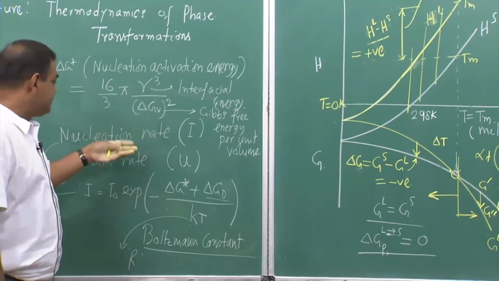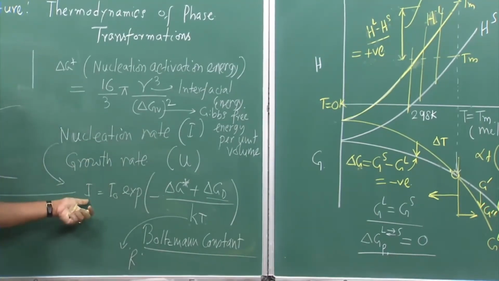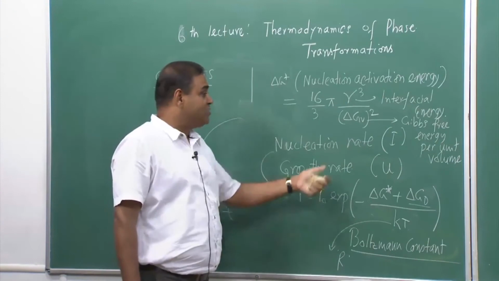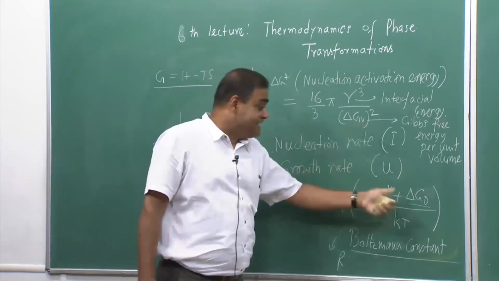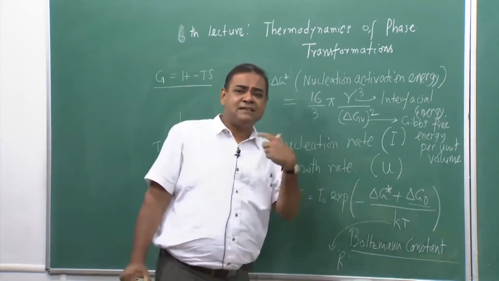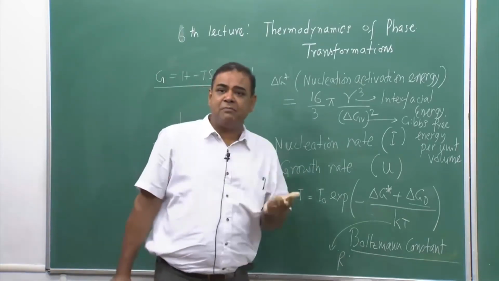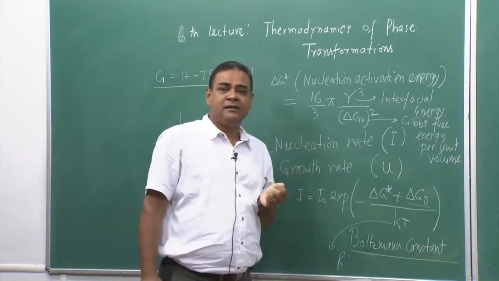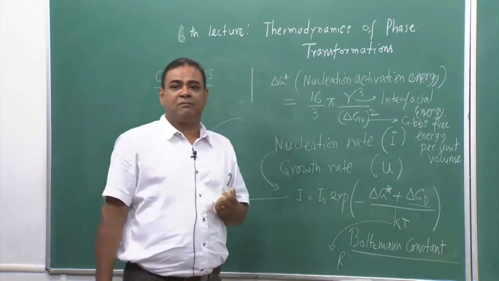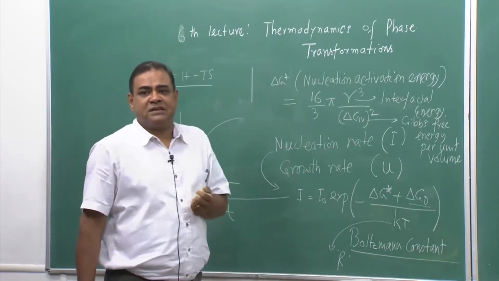So, that means in order to find out I, we need to find out ΔG_V, and this ΔG_D is another activation barrier, which is nothing but the barrier for diffusion to take place in the material.